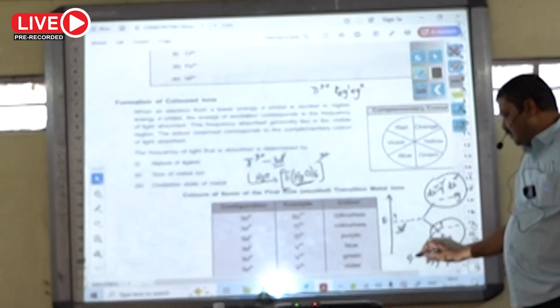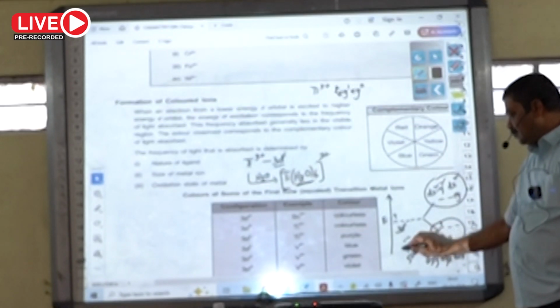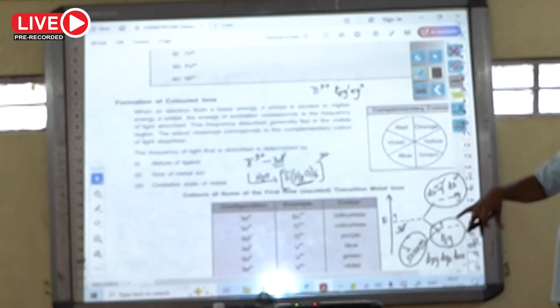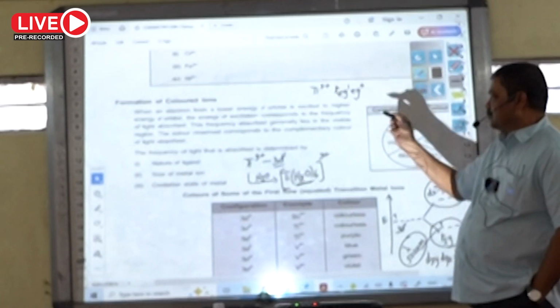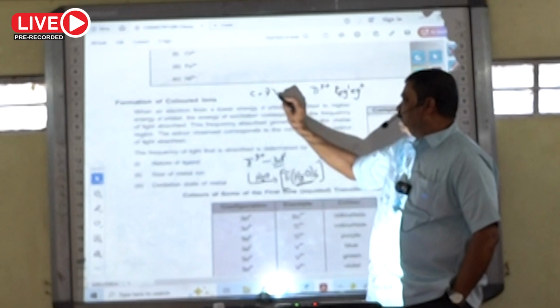500 nanometers wavelength of light, or related to 500 nanometers, you can calculate the frequency. So frequency and lambda are related as c is equal to nu lambda.